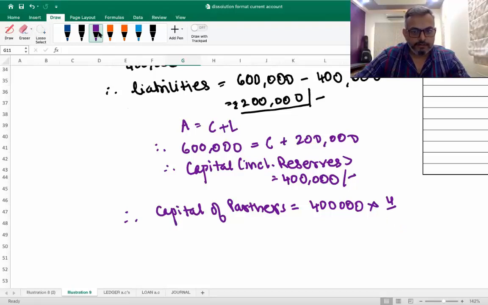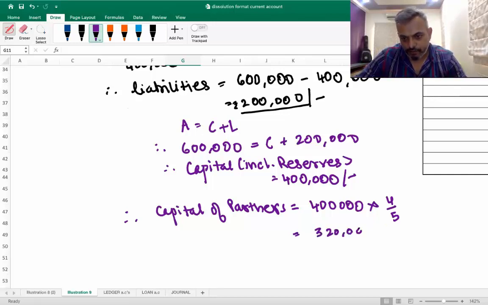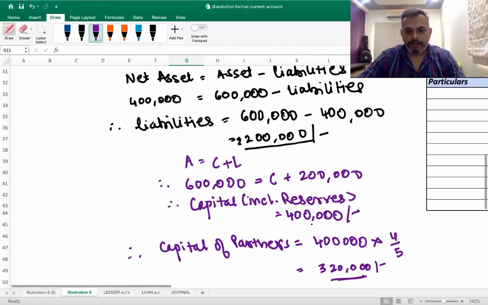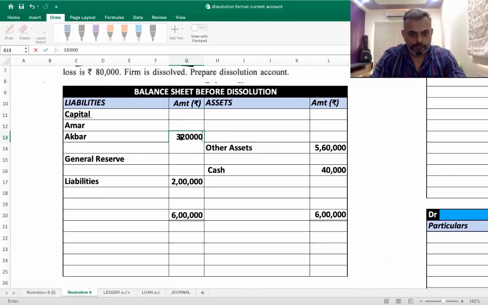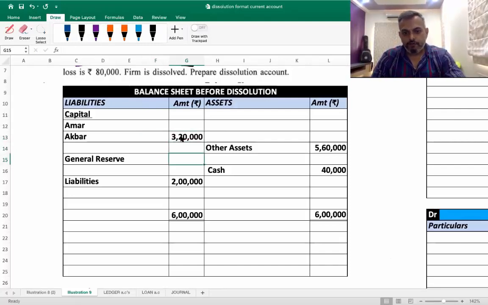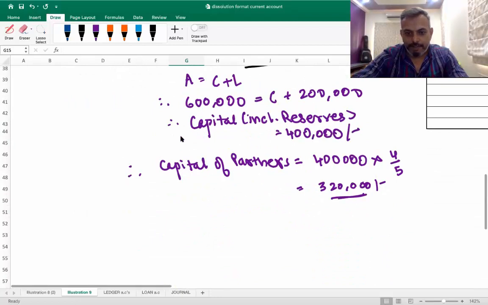Okay, let me write 5 properly. 4 by 5 now, which is equal to 3,20,000. So we got the capital of both the partners, 3,20,000. So we can write over here Amar plus Akbar, 3,20,000. Now obviously you know out of 4 lakh, 3,20,000 is capital.